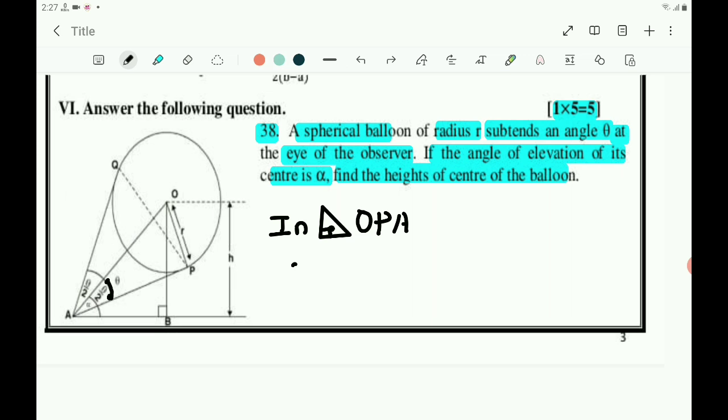We must write the ratio containing the hypotenuse and the opposite side, that is sine. So you write sine, in the place of theta let us write theta by 2.